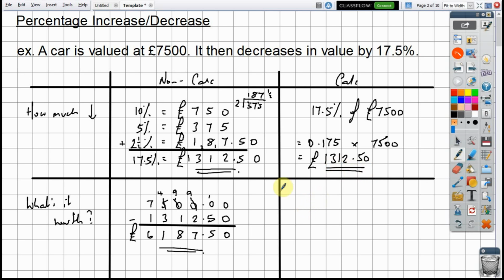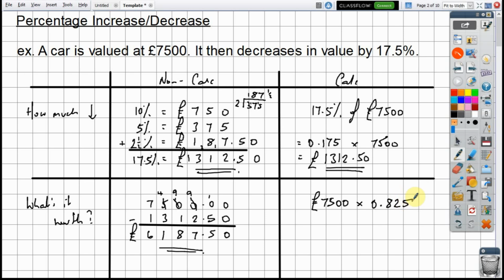And what's it worth? Well, this time we want to start with the £7,500. And if we multiplied it by 1, it would stay the same. We need to multiply by less than 1 because it's decreasing in value. Now, if I multiplied by 0.9, that would bring it down 10%. If I multiplied by 0.8, that would bring it down by 20%, a little bit too much. A little bit of thought helps you judge that we want to multiply by that.